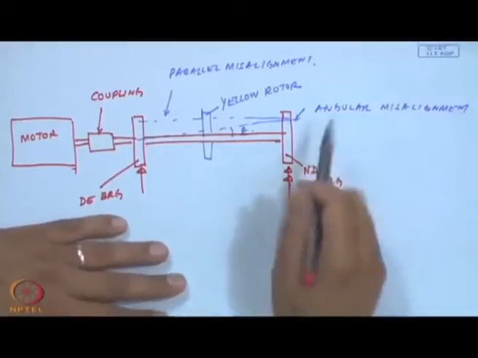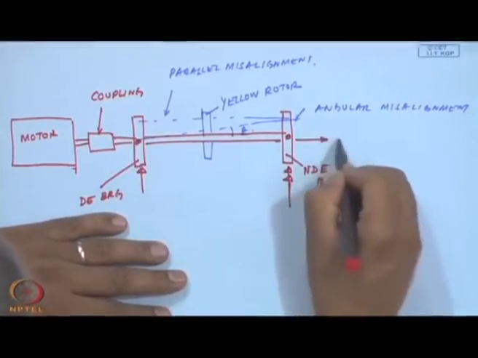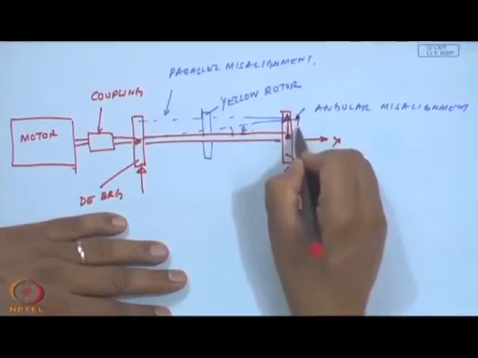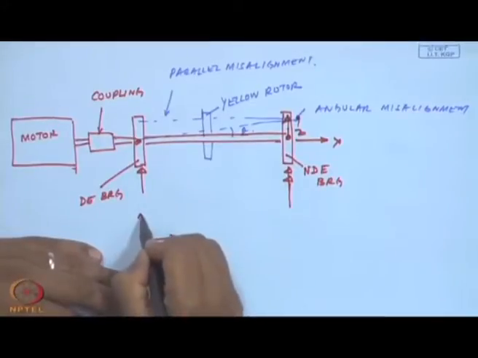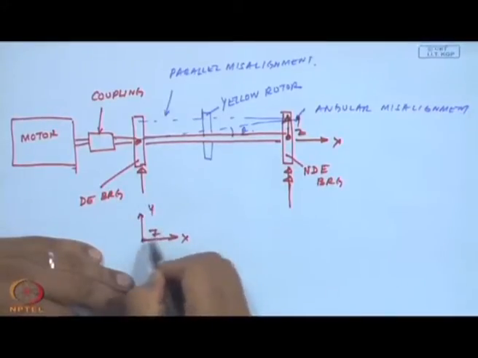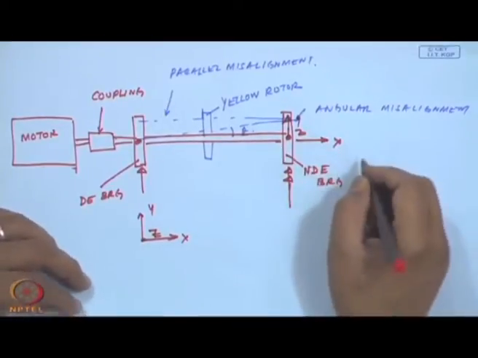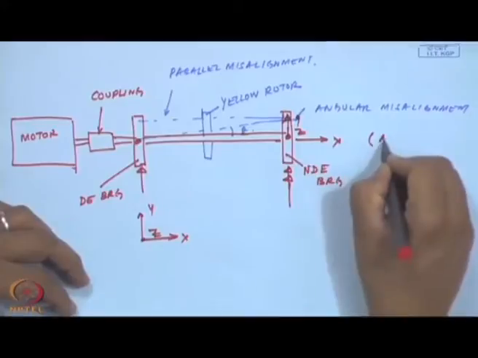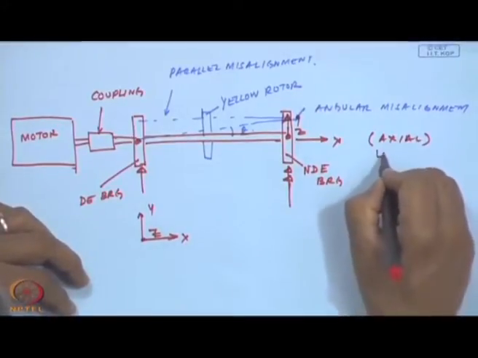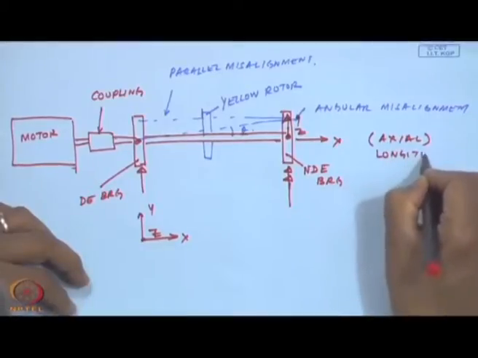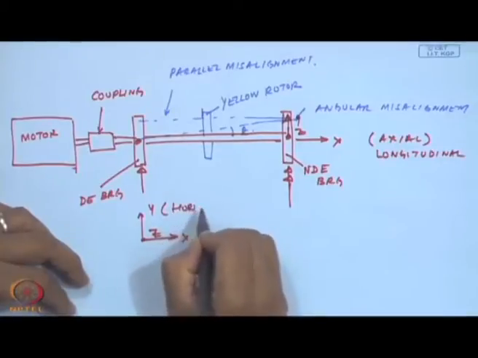Now, to measure the vibrations, I can measure at each of these bearing locations in x, y and z directions, and similarly here in x, y, z direction. So, these kind of vibration measurements can be done, and this is my axial direction along the longitudinal axis. Y happens to be the horizontal.